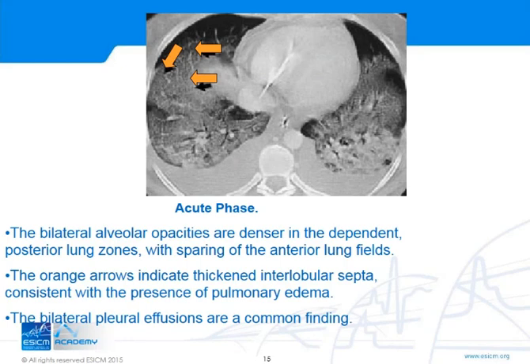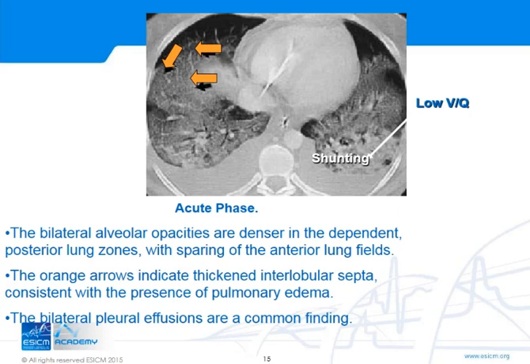When you have patients with ARDS, you have bilateral opacities with several densities, and at times you do have some thickening of the interlobar septa that is consistent with the presence of pulmonary edema. And then often, like in this case, you may also see some bilateral pleural effusion.